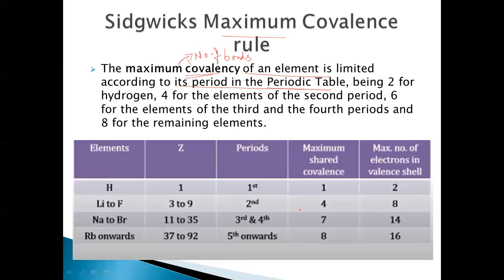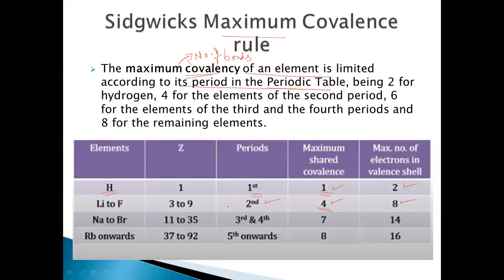If it belongs to the first period, that means only hydrogen, it can have only a maximum covalency of 1. That means it can have only 2 electrons in its valence shell. If it belongs to the second period, from lithium to fluorine, then the maximum covalency we can expect is 4, and the number of valence electrons will be 8.